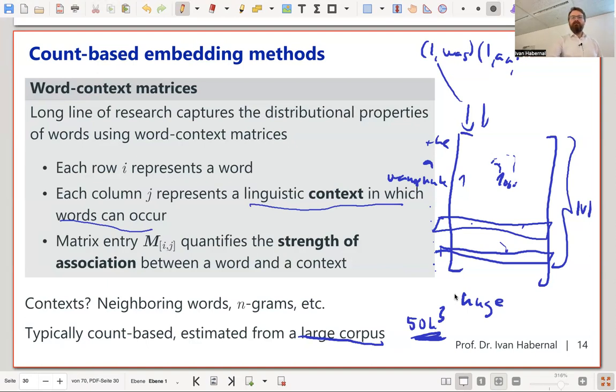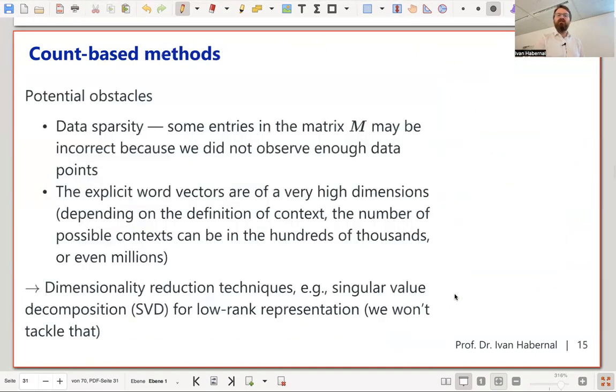Anything else that comes to your mind which could be an issue? I think these two are pretty much the main arguments against these things. So data sparsity: some entries in the matrix may be incorrect because we didn't observe enough data points. Exactly. You learn some counts, but maybe that's not enough to get a robust estimate of this embedding.